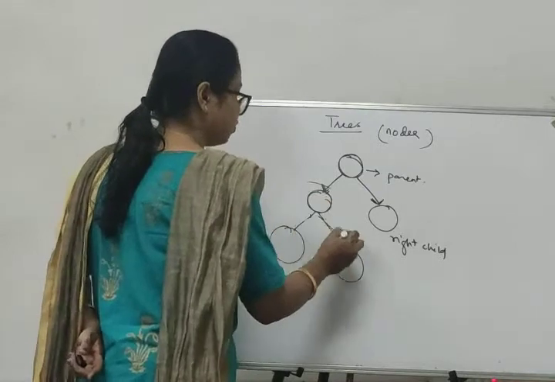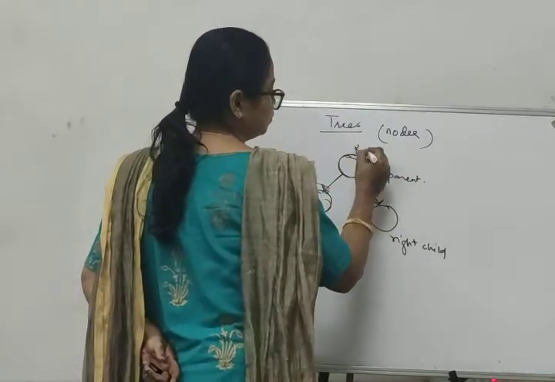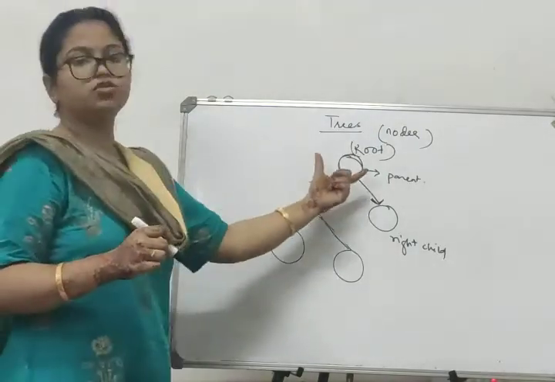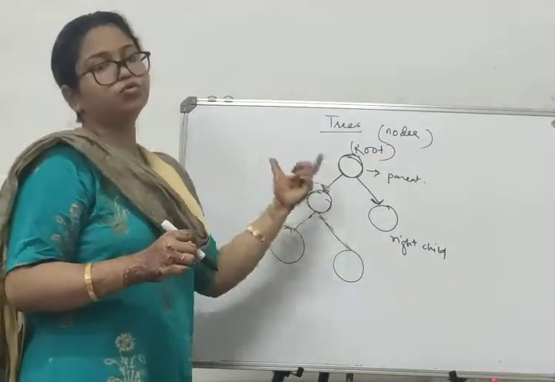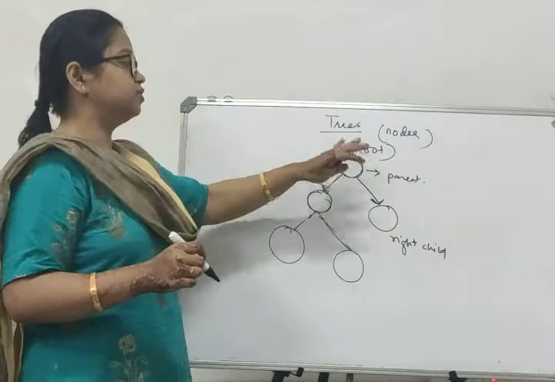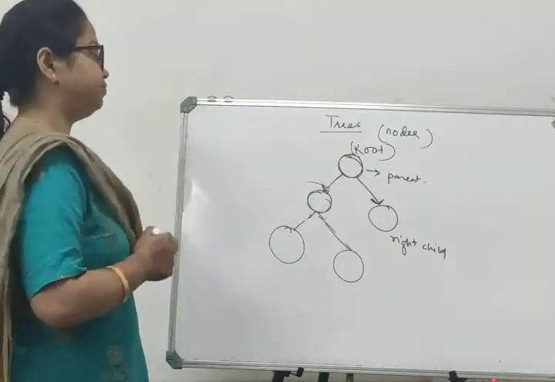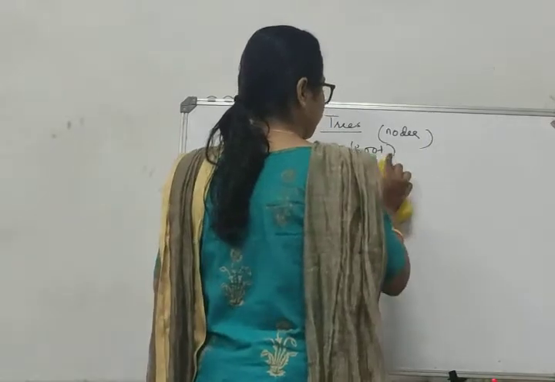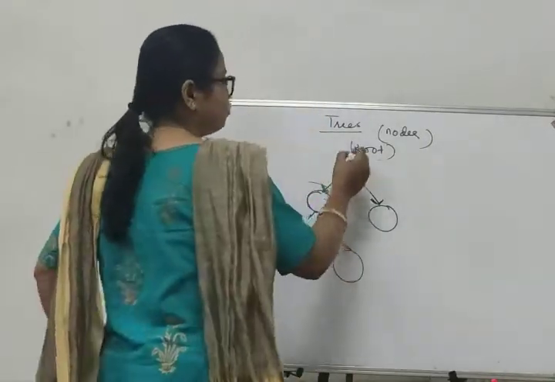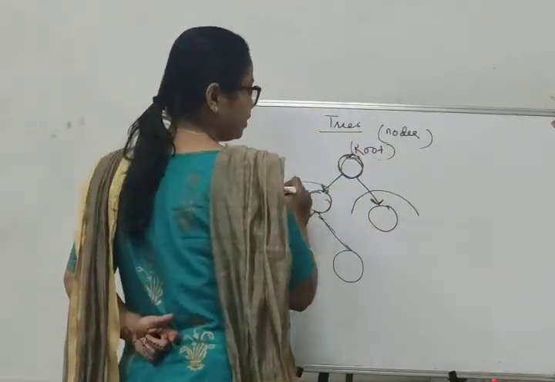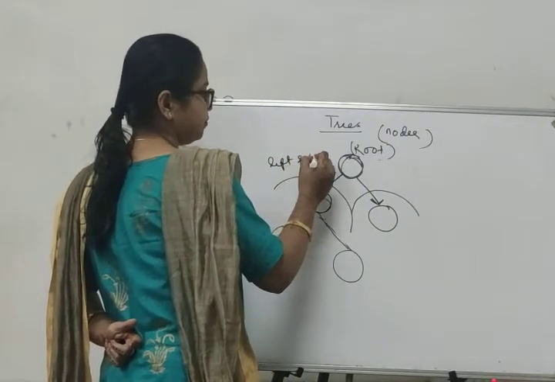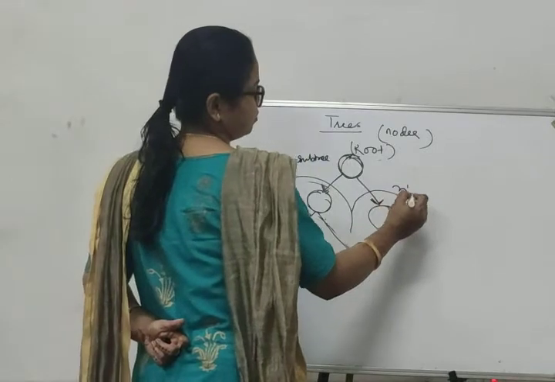The starting node of the tree is called the root node. So these are the basic terminology. The root has a left subtree and a right subtree.